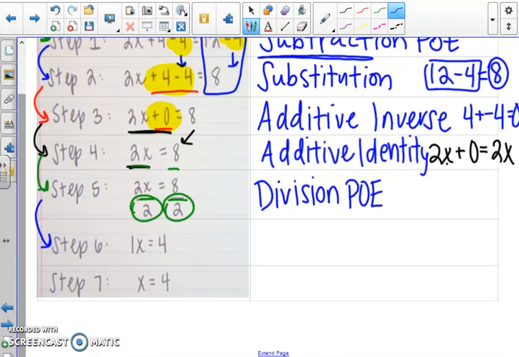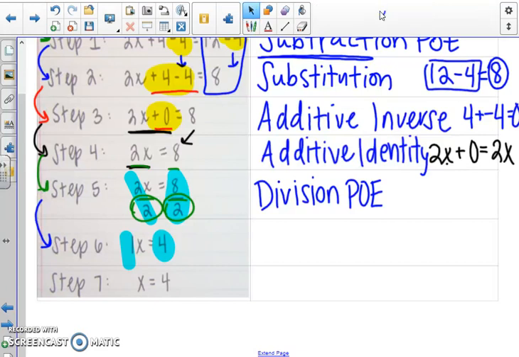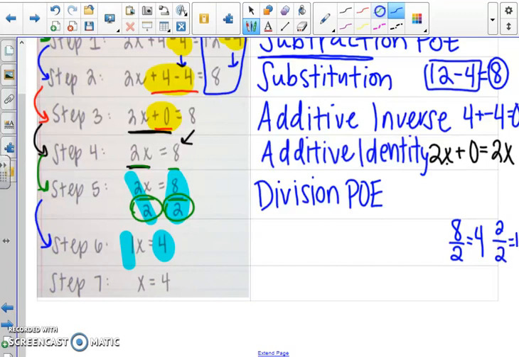All right, let's go from 5 to 6. So a couple things changed here. So first, 4 is new and 1's new. So where did those come from? Well, 8 divided by 2 gives us 4. And 2 divided by 2 gives us 1. So it looks like we've replaced 8 divided by 2 with 4 and 2 divided by 2 with 1.